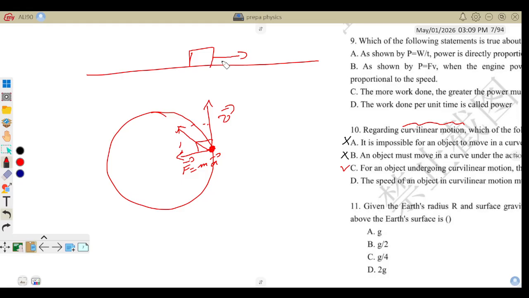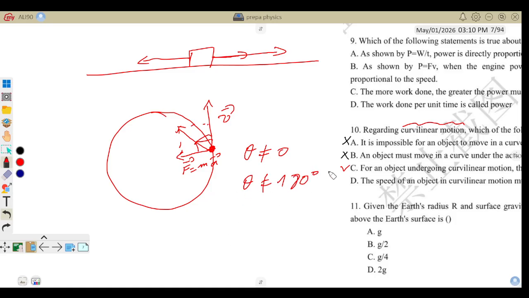If the velocity and the acceleration are collinear, that means the object must be in straight line motion. So to make this object move in a curvilinear motion, they must form a certain angle, which is different from 0 and from 180 degrees.